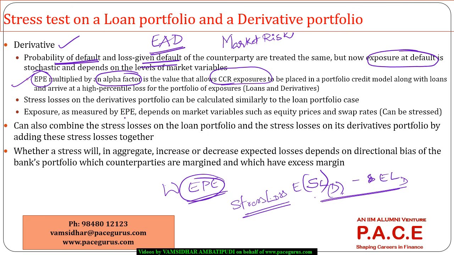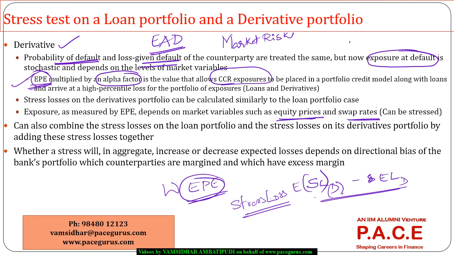And we know that this expected positive exposure depends on many market variables, because the market variables in turn will typically impact what would be the exposure, what is the change in the exposure. So I could have stressed the equity prices or the swap rates, which in turn would change the exposure, because the value of the exposures is typically changing because of the market factors.